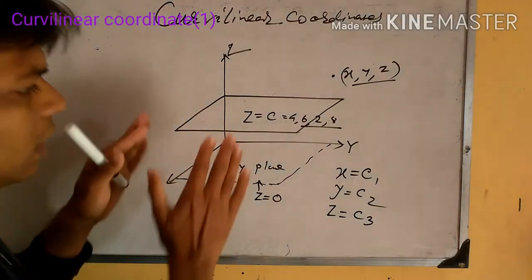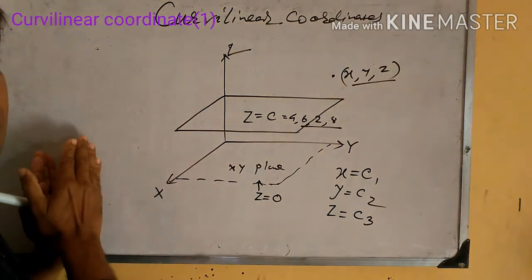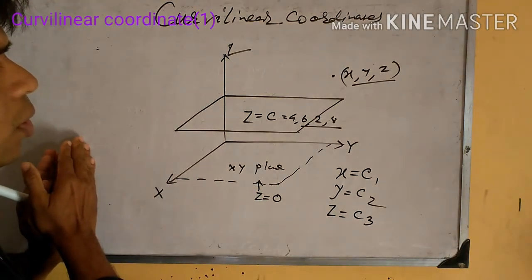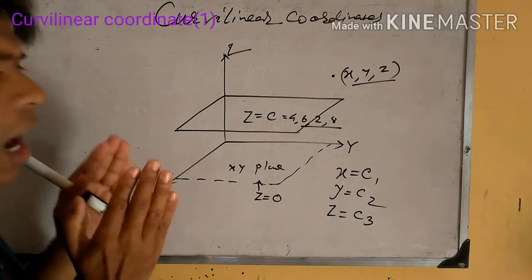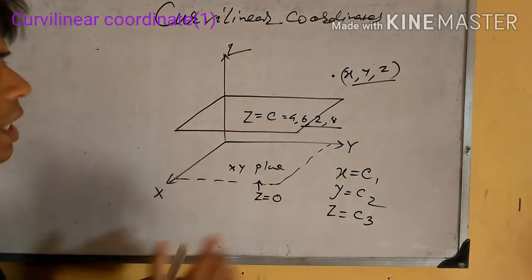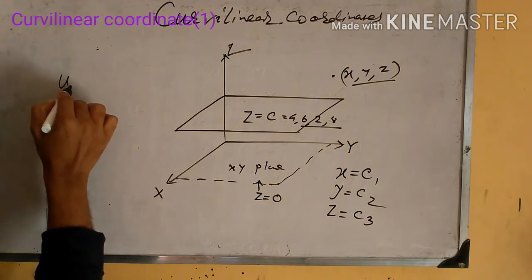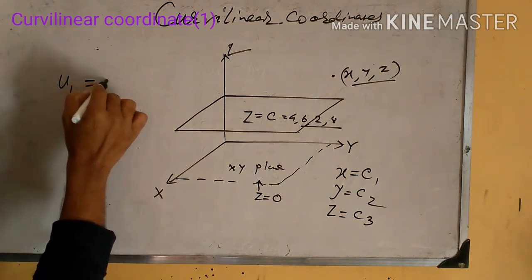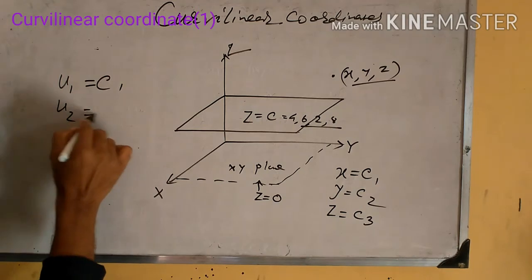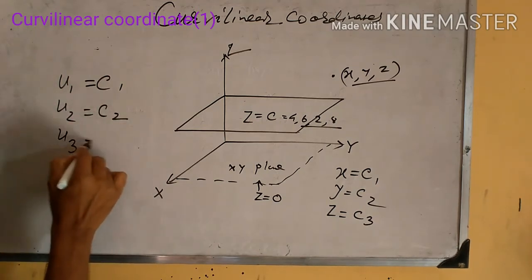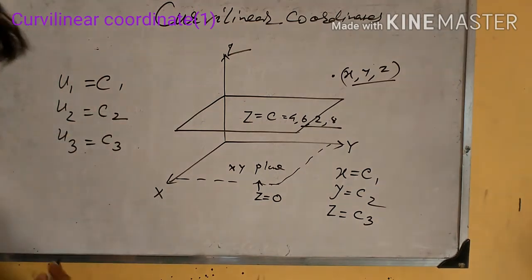So now we shift our discussion to an arbitrary system of coordinates. Let us take the system of coordinates as u1 equals c1, u2 equals c2, u3 equals c3.